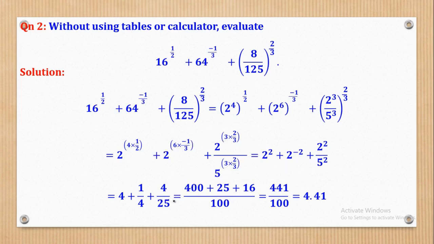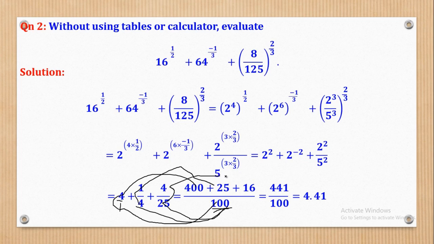Now because they said we don't use a calculator or tables, we have to show the part of LCM. So the LCM of these is 100. Now 100 divided by 1 is 100, 100 times 4 is 400. Then 100 divided by 4 is 25, 25 times 1 is 25. Then 100 divided by 25 is 4, 4 times 4 is 16.